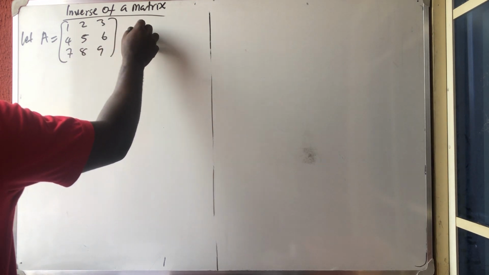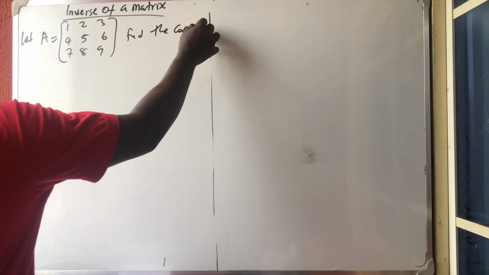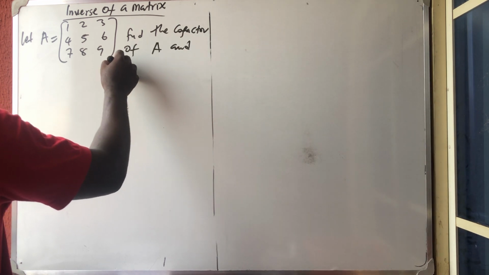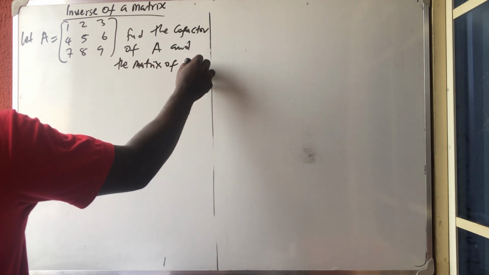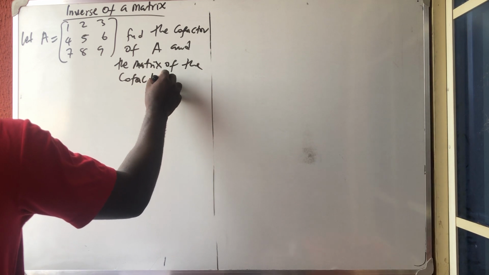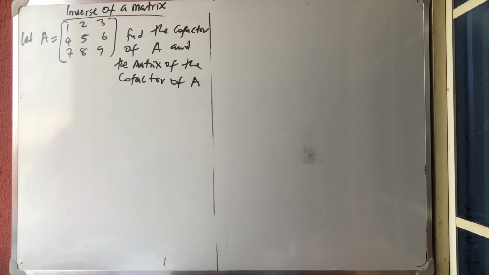Then I say find the cofactor of A and the matrix of the cofactor of A. So the first thing is the cofactor of A. I'm going to do it gradually and then I will show you how to do it straight without getting the minor first.